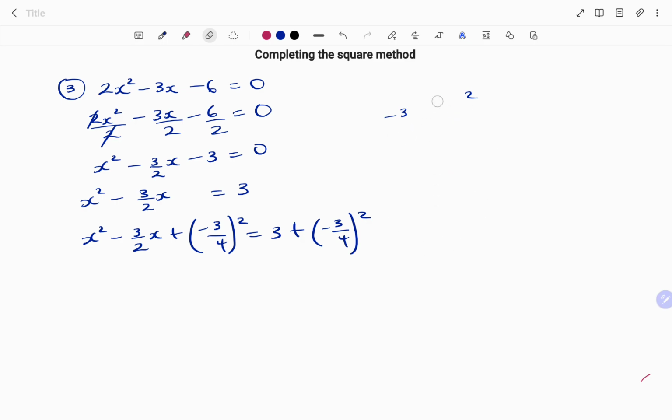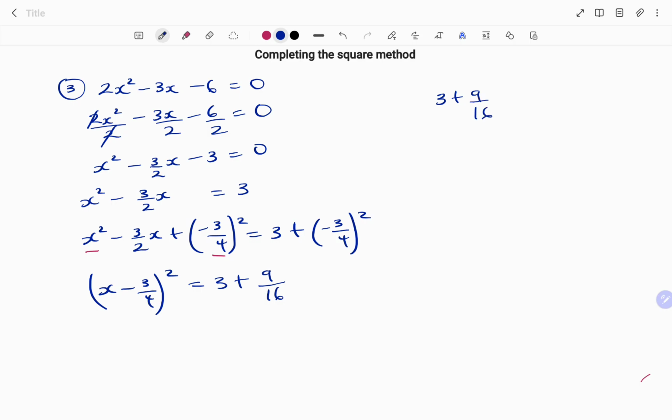Completing the square, I pick my x and minus 3 over 4. That will be x minus 3 over 4, exactly what I have in the bracket, all squared, equals, if I expand my right hand side, 3 plus minus 3 times minus 3, that's positive 9, 4 times 4, that's 16. So I have on my right hand side 3 plus 9 over 16.